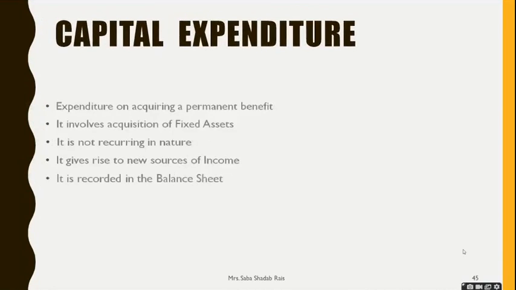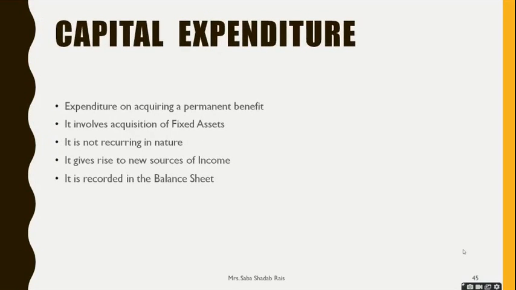Now, what is capital expenditure? Expenditure is nothing but the kharcha, whatever we are spending in the company. This is expenditure on acquiring a permanent benefit; it involves the acquisition of fixed assets. I told you about fixed assets.